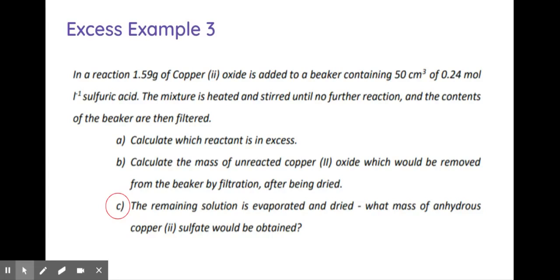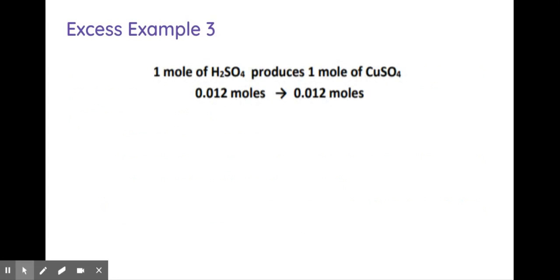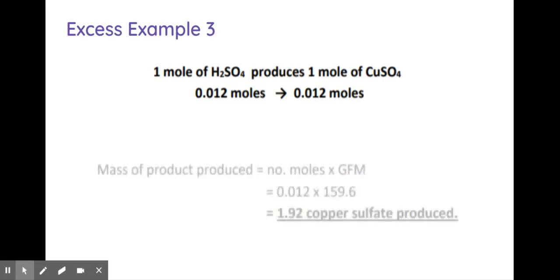So this is where we're going to use the limiting reactant to calculate how much product, which is copper 2 sulfate, we would have produced in the reaction. Since the copper oxide was in excess, the limiting reactant is going to be the sulfuric acid. 1 mole of sulfuric acid produces 1 mole of copper sulfate. We only had 0.012 moles, so that's going to produce 0.012 moles of copper sulfate.